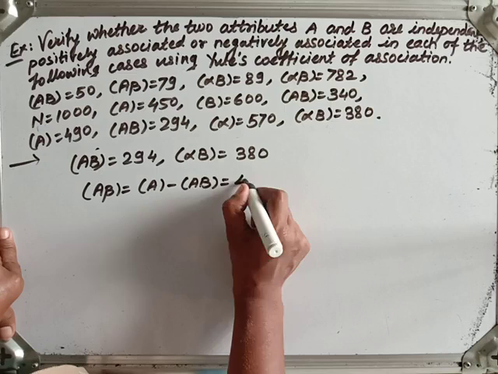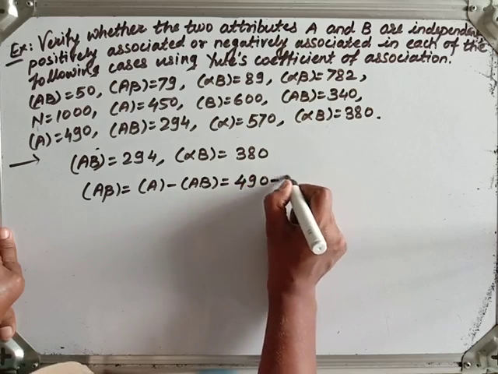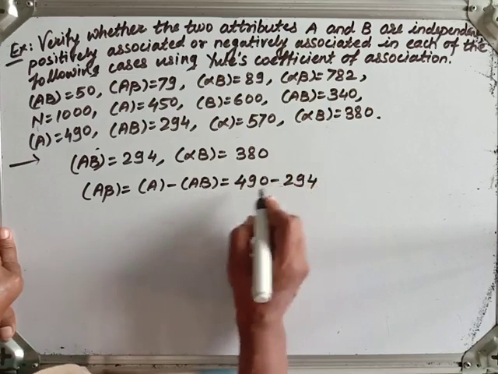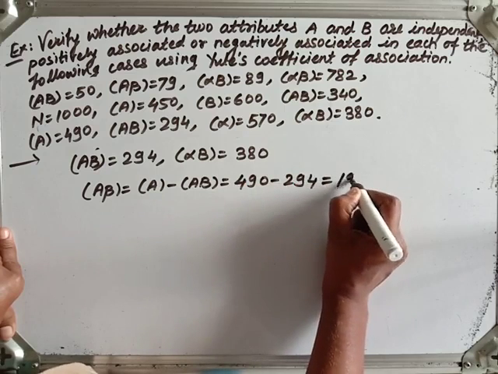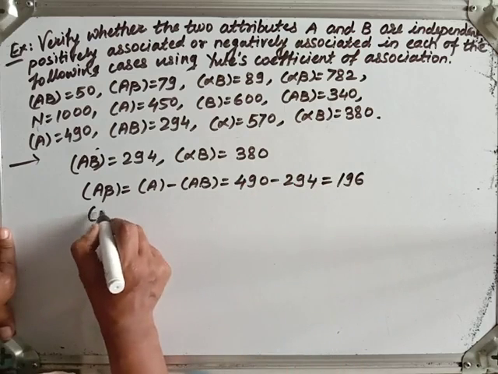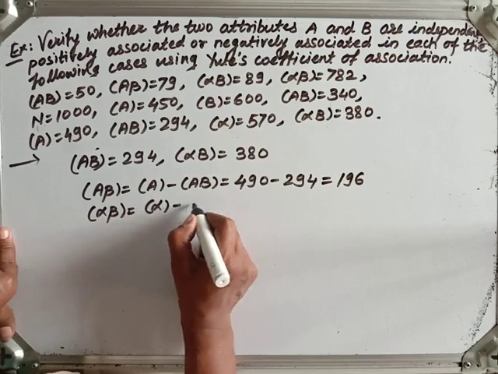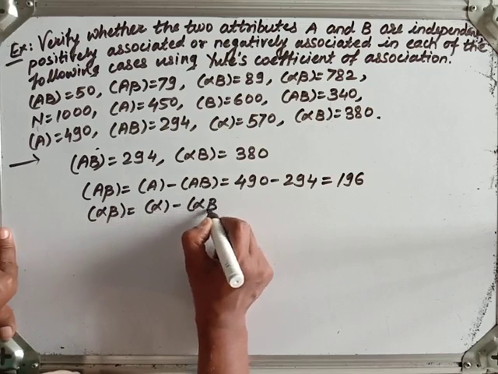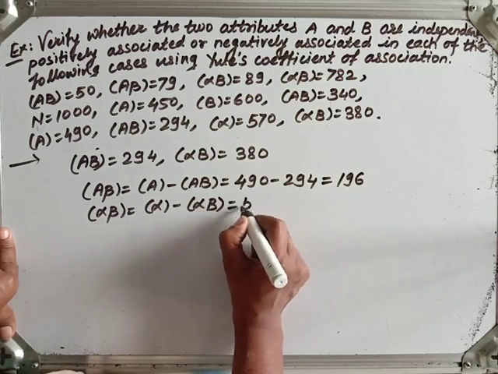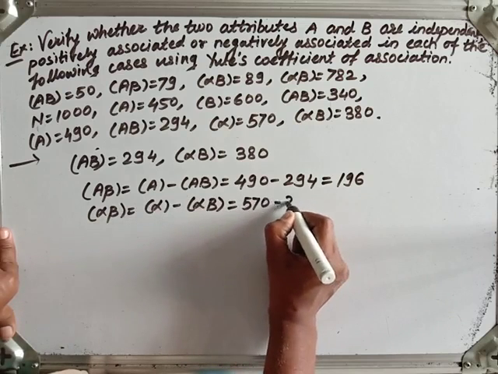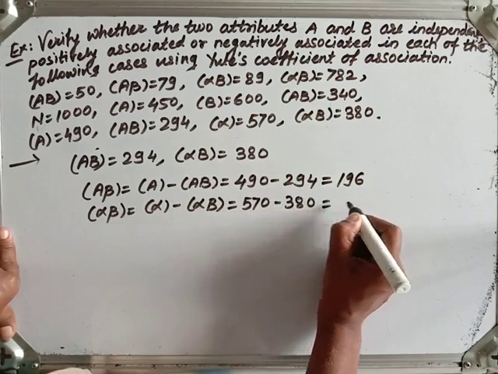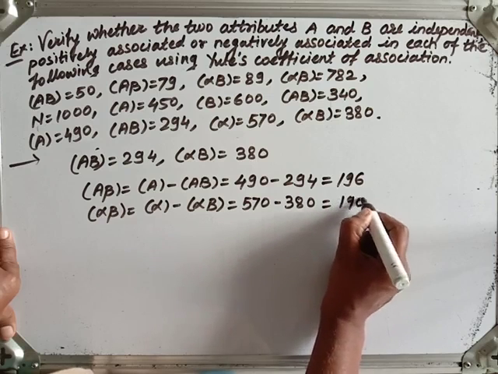That is 490 minus 294, which is 196. And the frequency of alpha beta is frequency of alpha minus frequency of alpha B. So, it is 570 minus 380, which is 190. Fine.